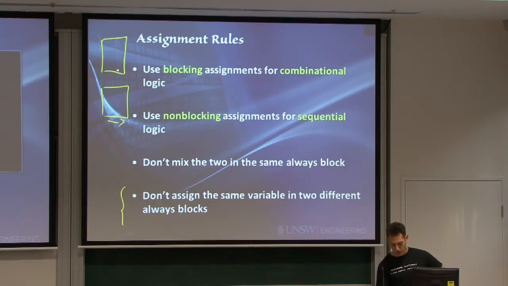Each one of them has some sensitivity list, something that will trigger it, and this triggering can happen at any time in the circuit. In fact, let's assume there's some variable x that exists in both sensitivity lists, and therefore will trigger both of these blocks. If there is a change in x, both of these blocks will start executing one line after the other.